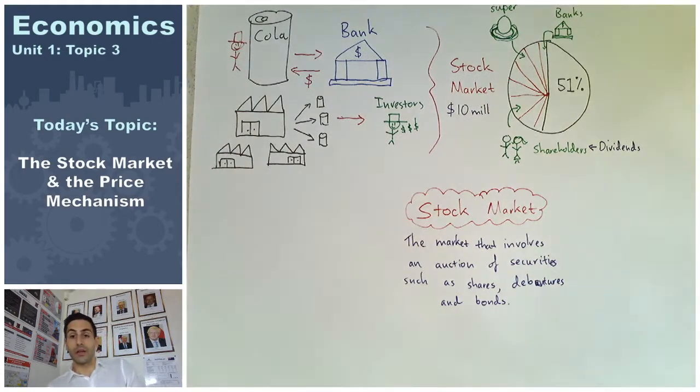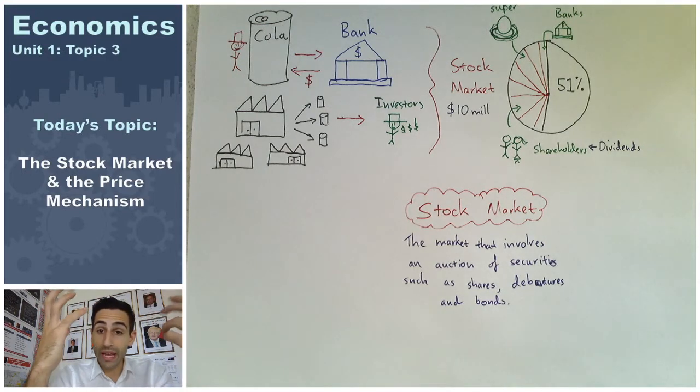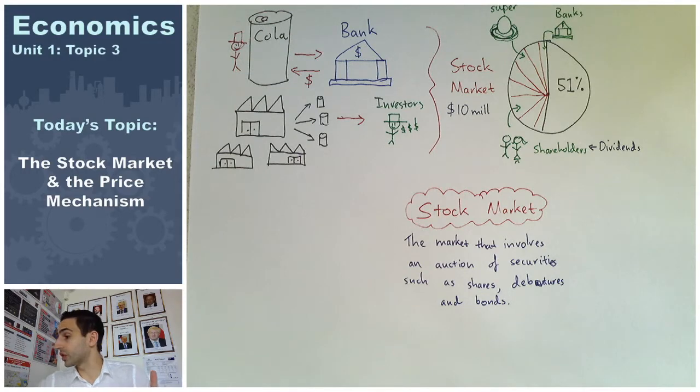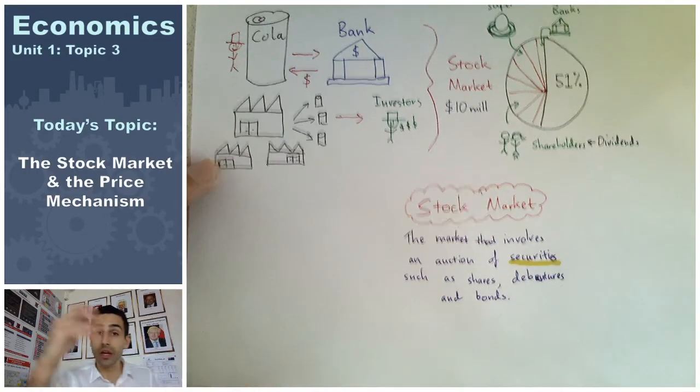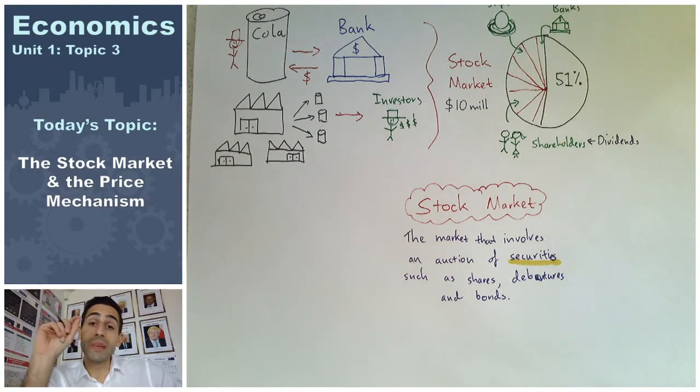Okay, so a market, you have buyers and sellers. What are we buying and selling? Okay, we're selling different types of securities. Securities, that's a key word. Now, a security just means a tradable financial asset.